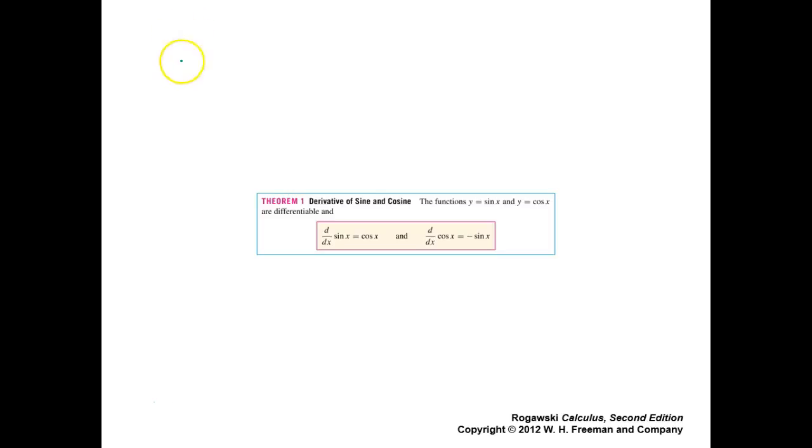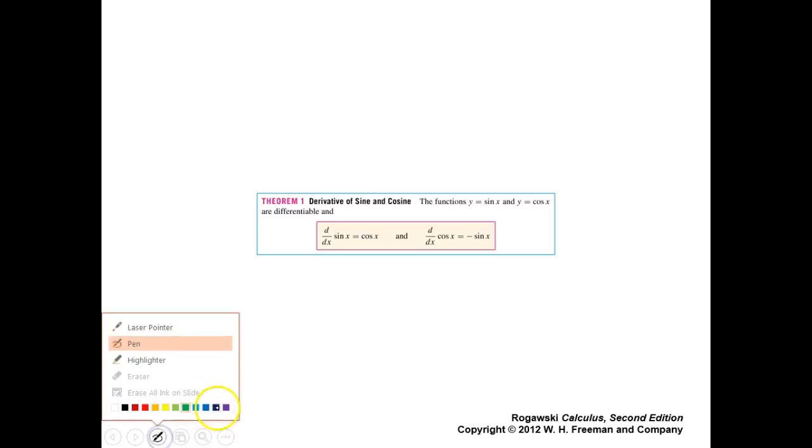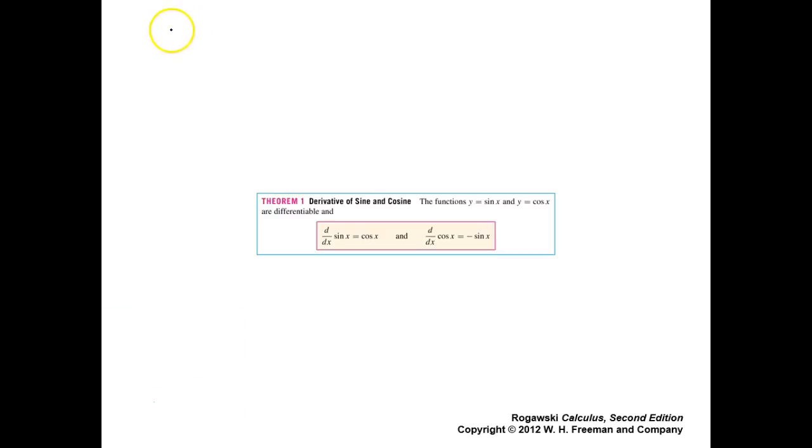Calculate, let me go back to dark. It's not quite black, it's very dark blue. F double prime of x, where f of x, this is one of your favorites, is equal to x cosine x.